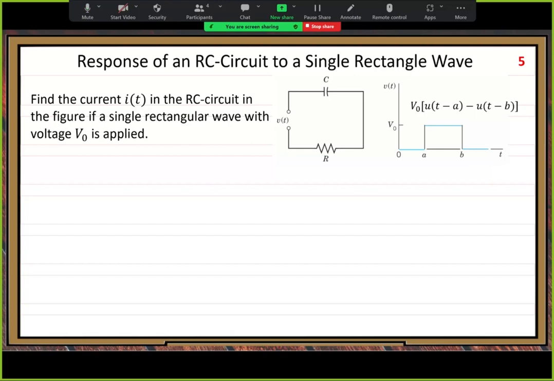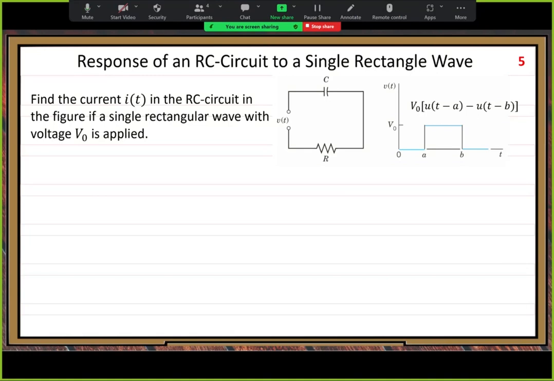All right. Here, first, let's write the voltage function. Voltage function, V0. That's the constant, V0. Never changes. But after that, we need to use the difference of two unit step functions with different shift numbers, a and b, starting from a and ending with b.